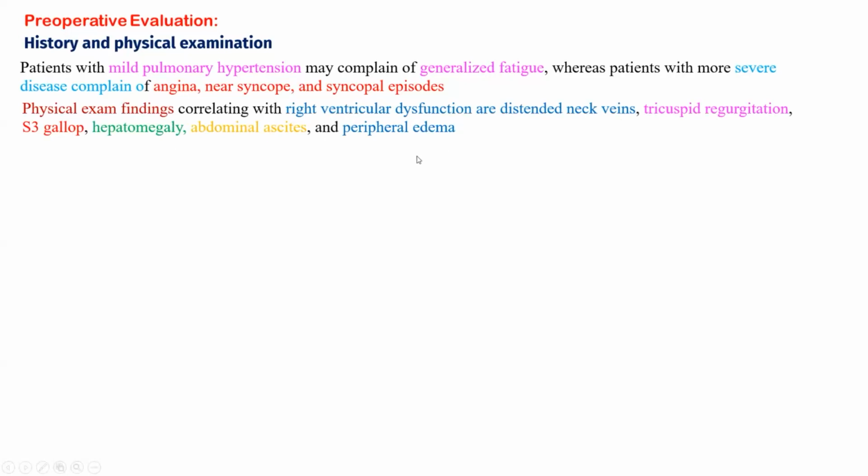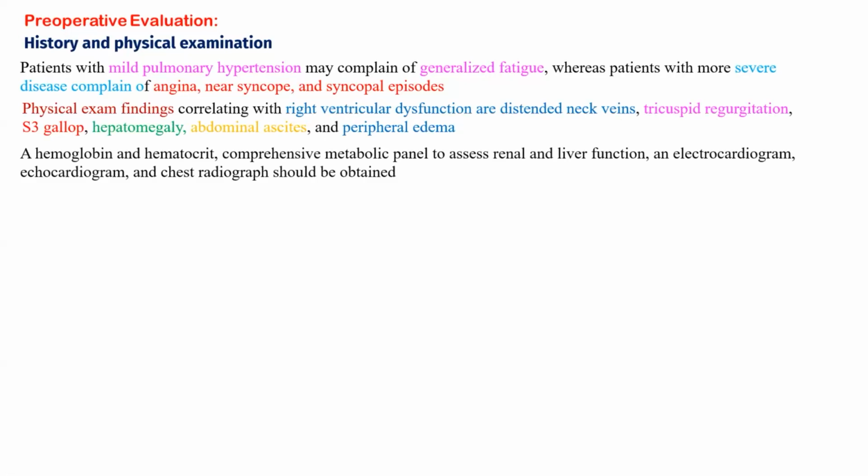These things indicate a severe degree of decompensated right ventricular function. Investigation-wise, we have to do hemoglobin, hematocrit, metabolic panel, liver function, chest radiograph, and ECG.